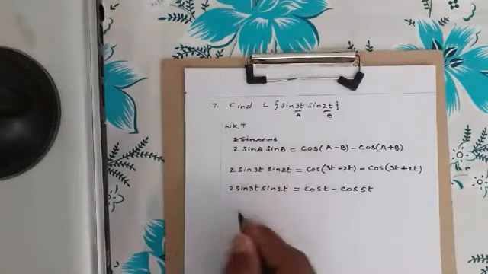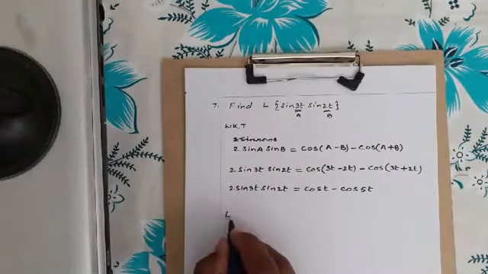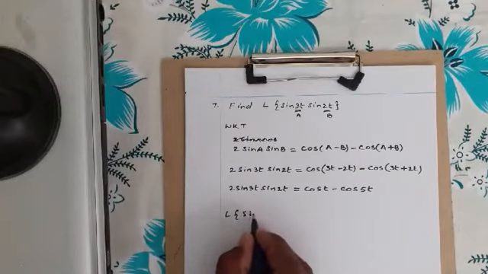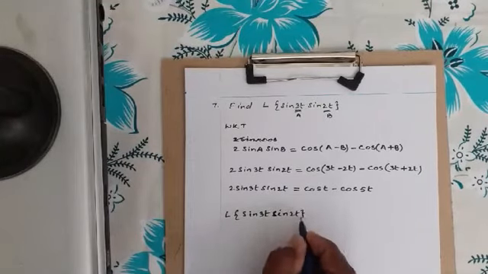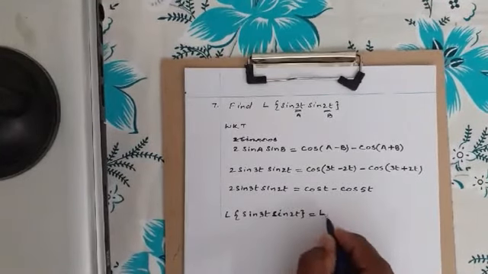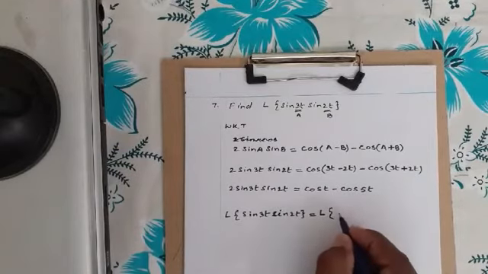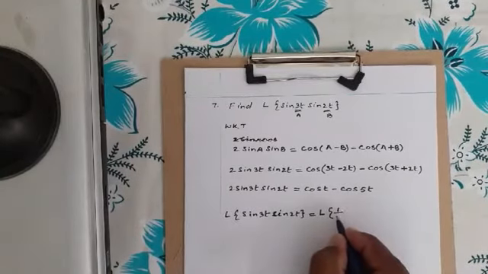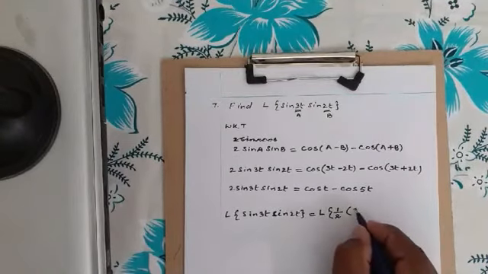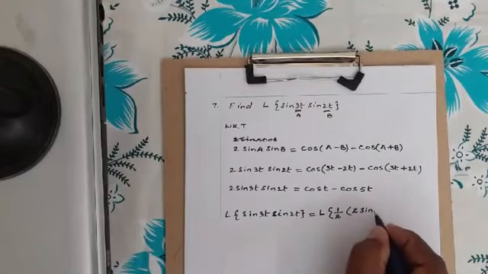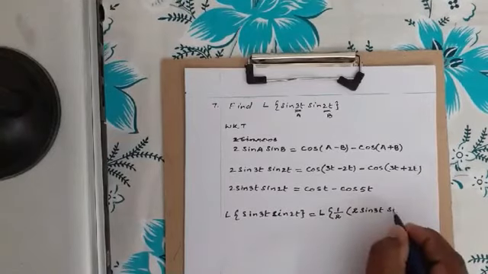Now the given problem is Laplace of sine 3t sine 2t. I multiply and divide the given function, so I write Laplace of 1 by 2, and in bracket 2 sine 3t sine 2t.